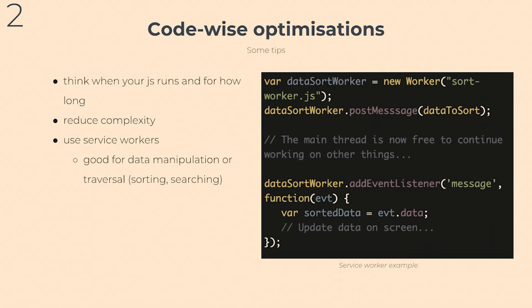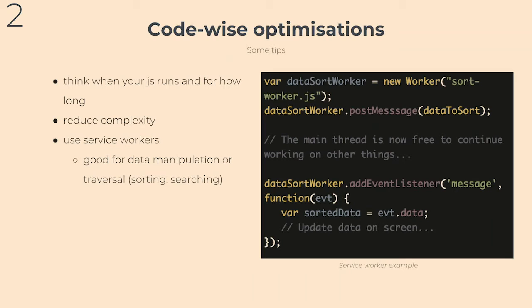And we really need to optimize things like sorting, data manipulation, or traversals, like searching. These are really heavy performance issues, and we really need to shift our thinking in that direction.